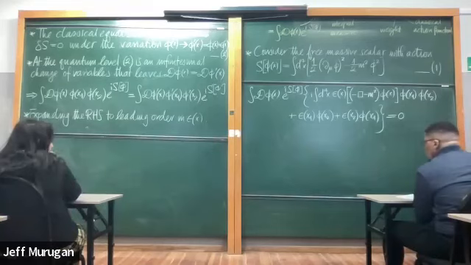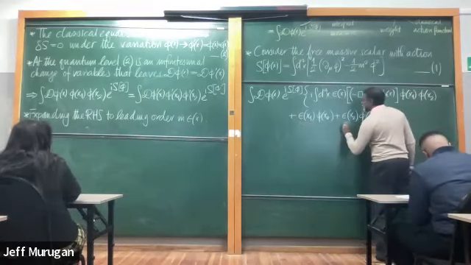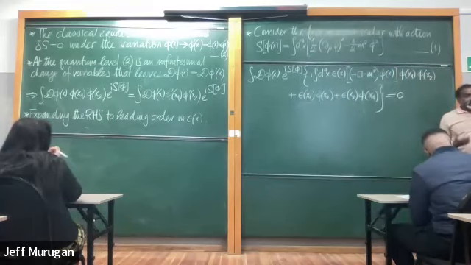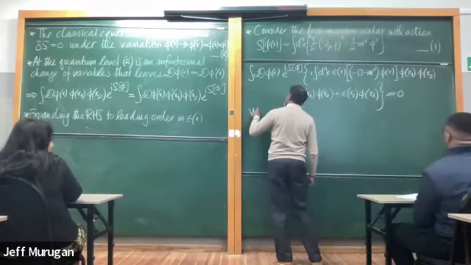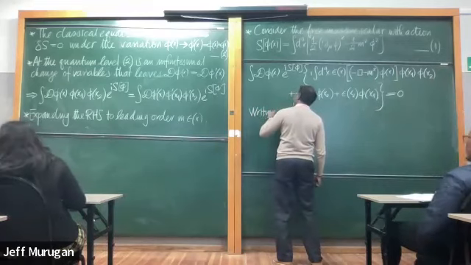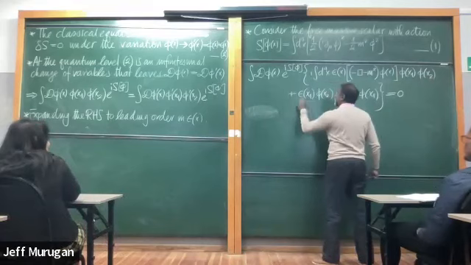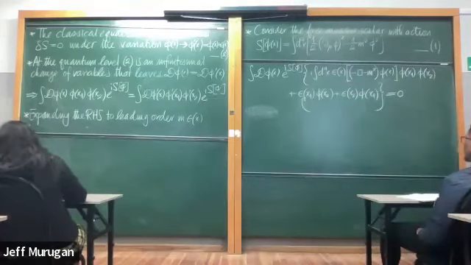And now I need to put it in a form that will allow me to read off the epsilon dependence. The problem here is that I have epsilon evaluated at x1 and epsilon evaluated at x2. So one thing I can do to get rid of this is to use the fact that the Dirac delta distribution is a sampling function.